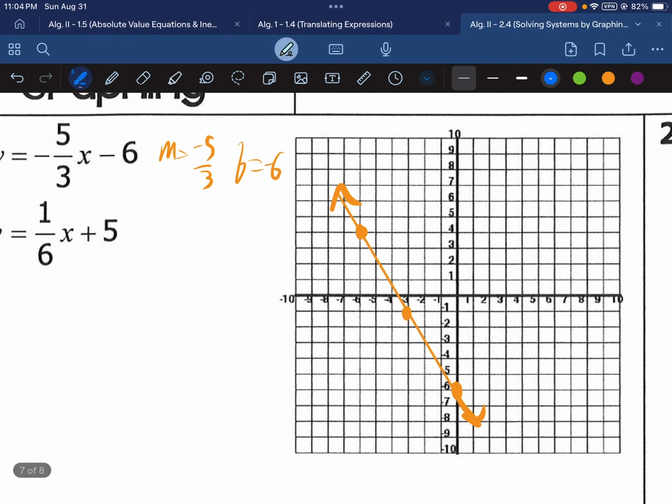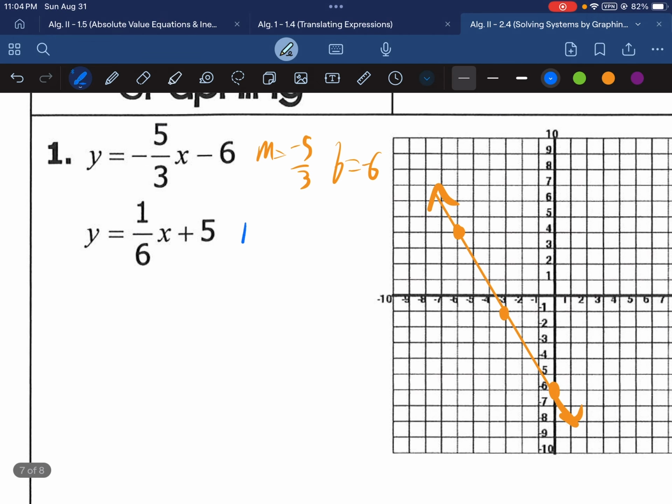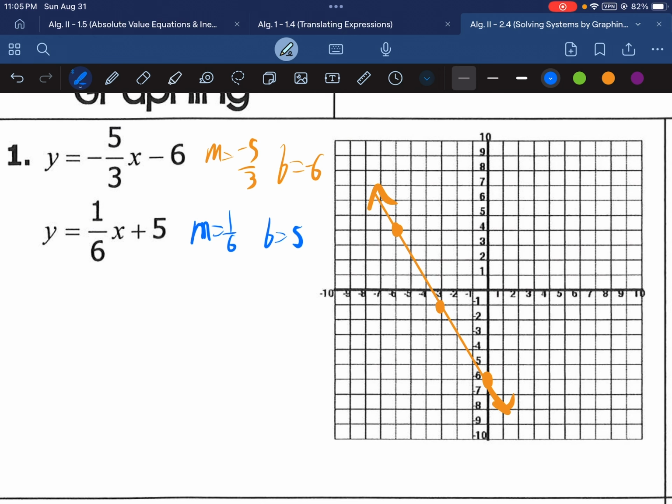Let's graph the second line here, once again in slope-intercept form. So the m is 1/6, and the b is 5. So I'll begin at 5, and I can go uphill, so I can go up 1, right 6. Now notice, this point is getting me farther away from where they intersect.